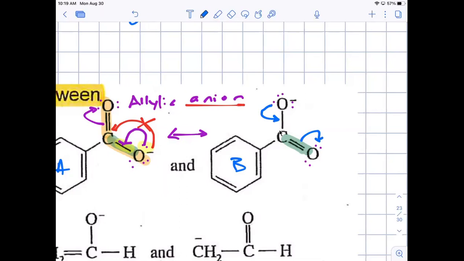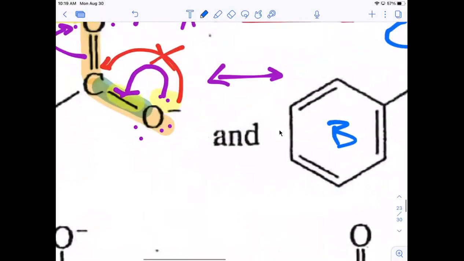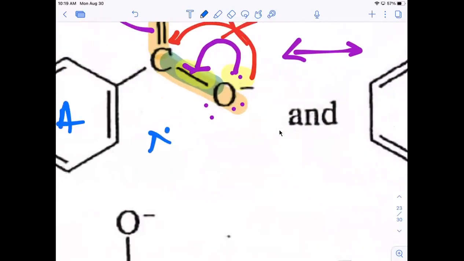That's an excellent question. The other part is oxygen is already negative, right? One of the rules of thumb for organic is you never push electrons towards a negative. You always push electrons away from a negative, because you're trying to stabilize that negative by making it neutral. So here I'm going to write that in.